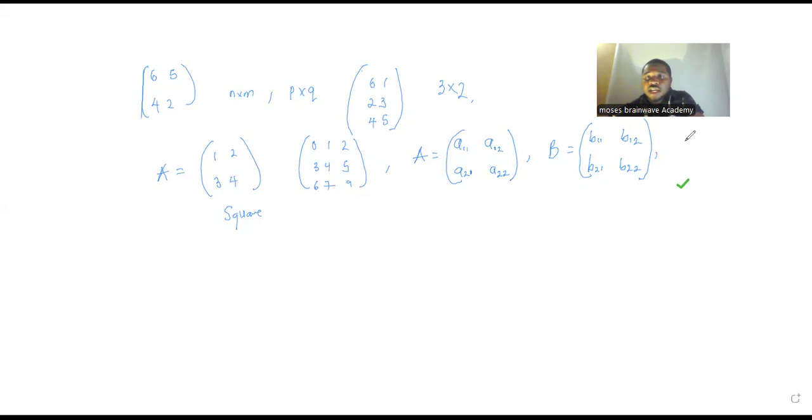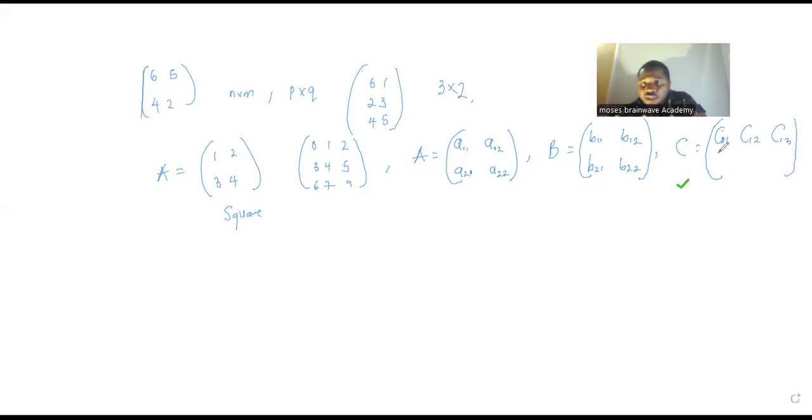Similarly, I can have matrix C. Now, let's make this 3-dimensional. So we'll have c11, c12, first row, second column, then c13.